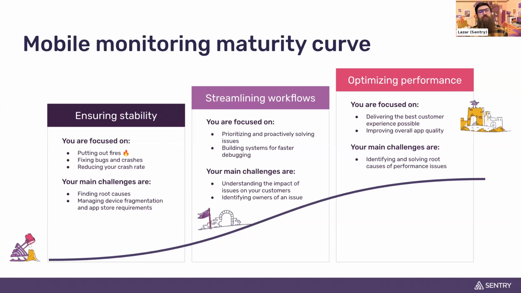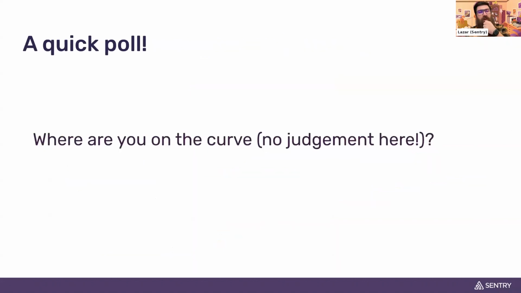Okay, so I'd like to make a quick poll on where you are on the curve. Of course, no judgment here, but just to gauge the audience. Are you in the third phase, second, first, or even if you're not sure?